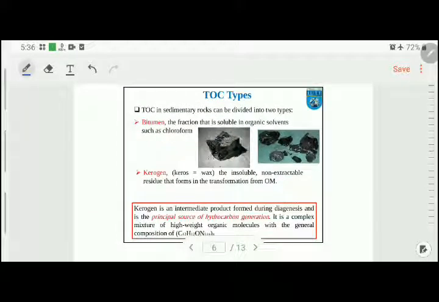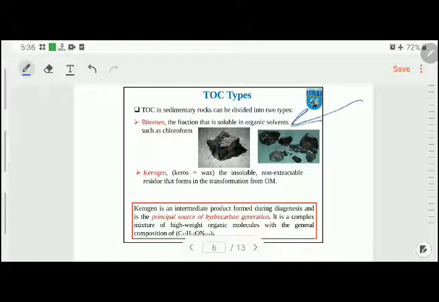The TOC types, which were discussed in the previous lectures, is about the total organic carbon.